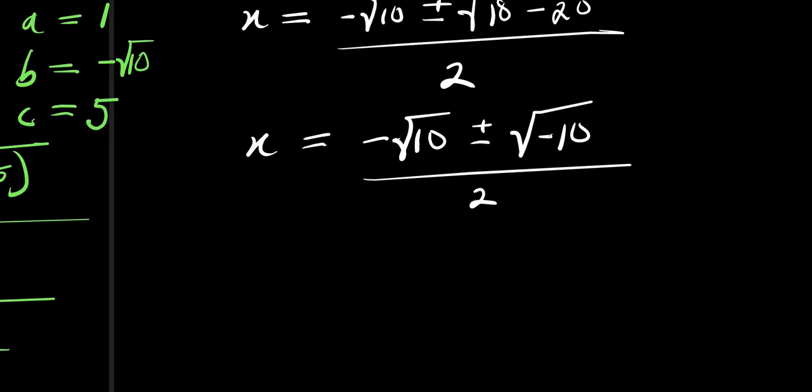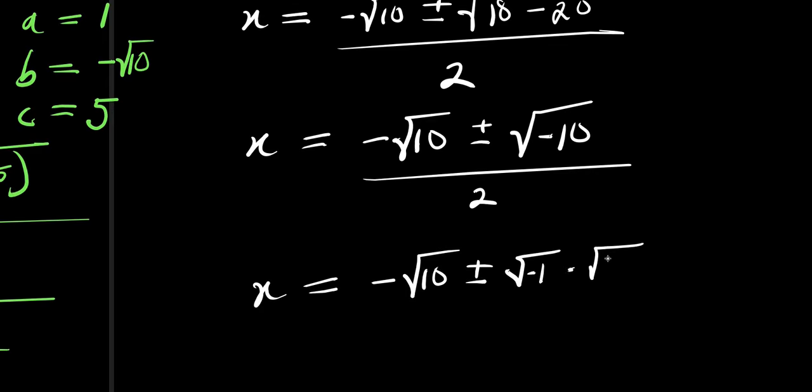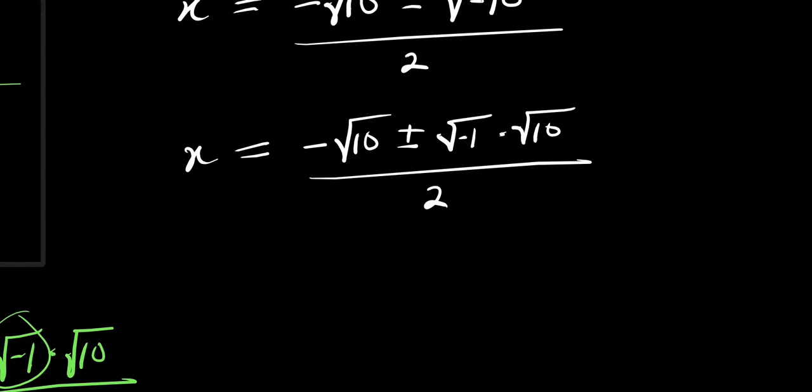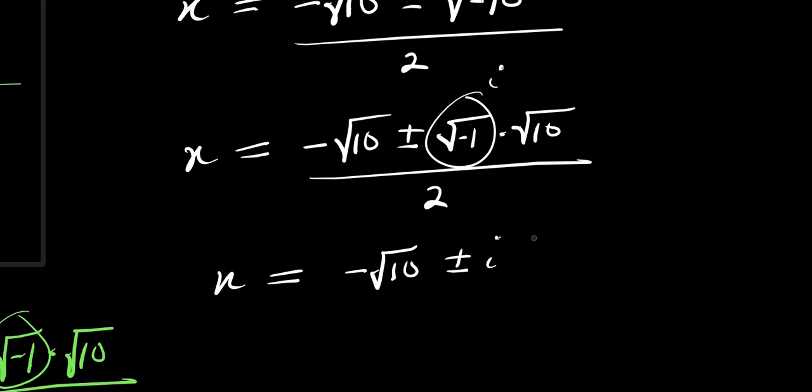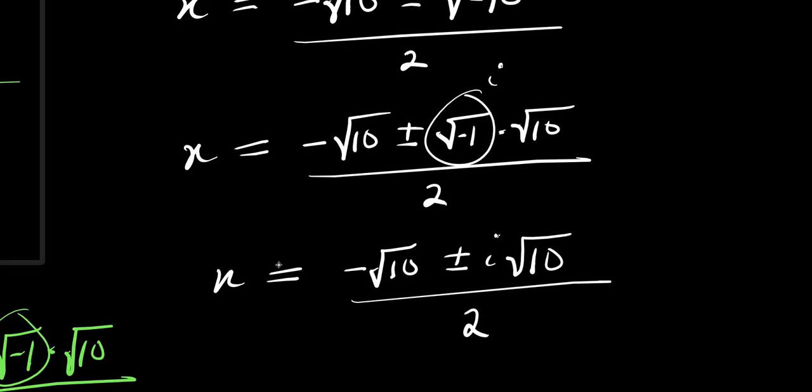So we have x equals negative root 10 plus or minus the square root of negative 1 times the square root of 10, divided by 2. From here we have x equals negative root 10 plus or minus, the square root of negative 1 is i, times the square root of 10, divided by 2.